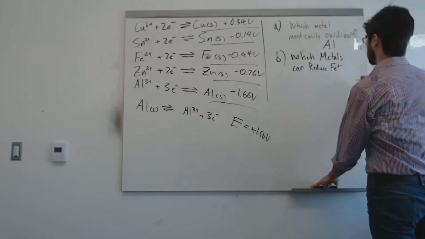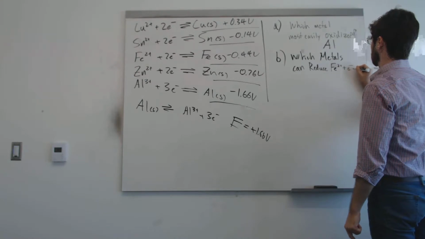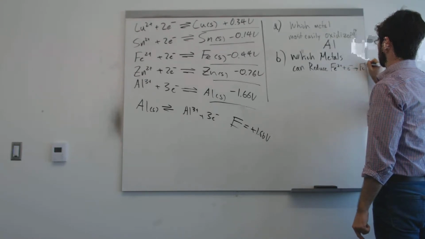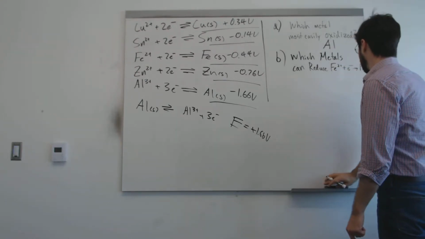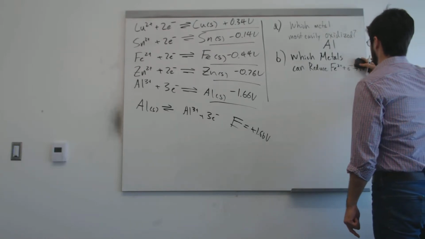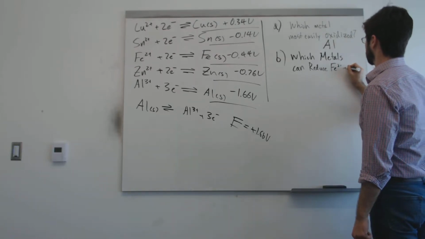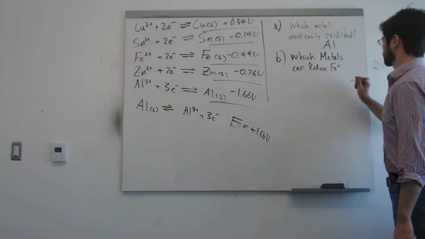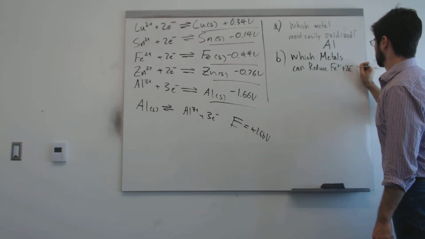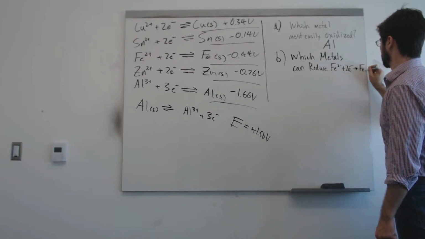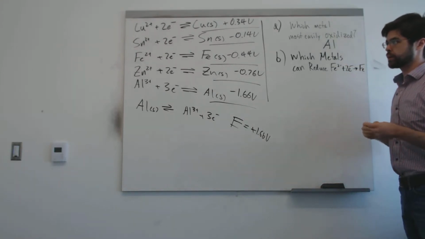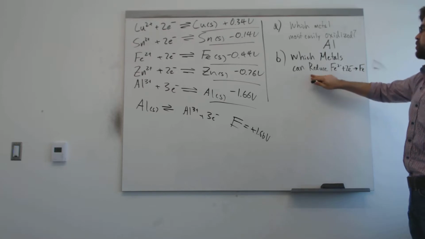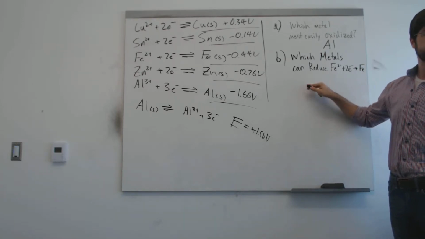I'd say which of these can reduce iron 2 plus to iron solid. Iron 2 plus plus 2 electrons going to iron solid. So I would say take a few minutes to see if you can predict this.